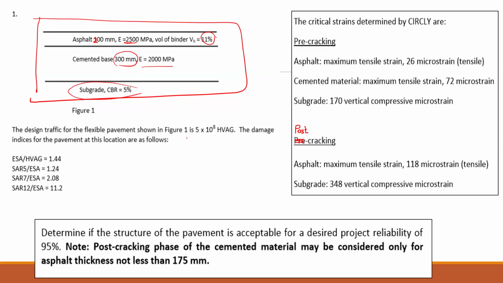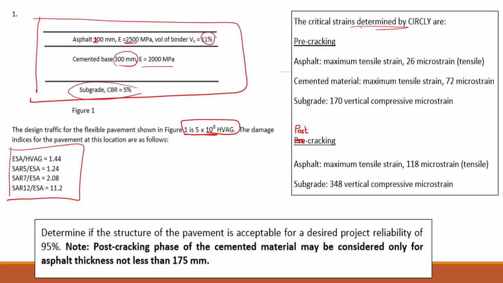And they have already also given us the design traffic in heavy vehicle axle groups, and they have given these ratios for us to convert from one unit to another unit. You are familiar with those things because we have discussed how to convert units last week as well. And again, they have given us microstrains got by Circly.